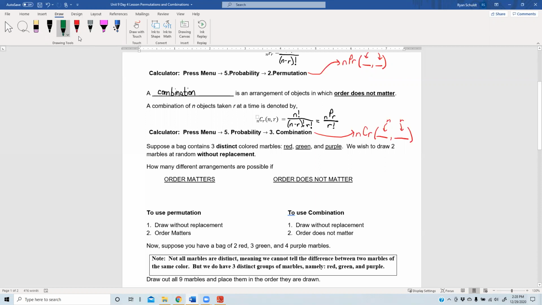Since order matters, this is automatically a permutation. So if you choose red first and then green, that's different than green then red. So these are different.